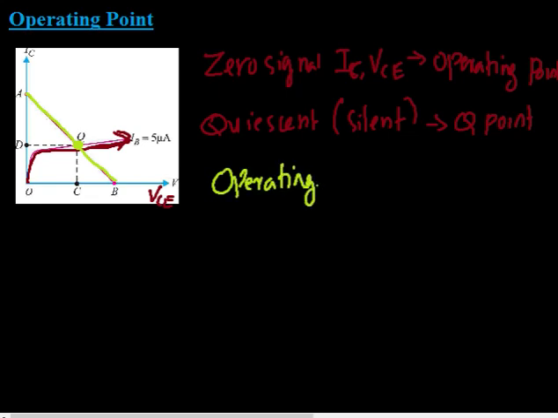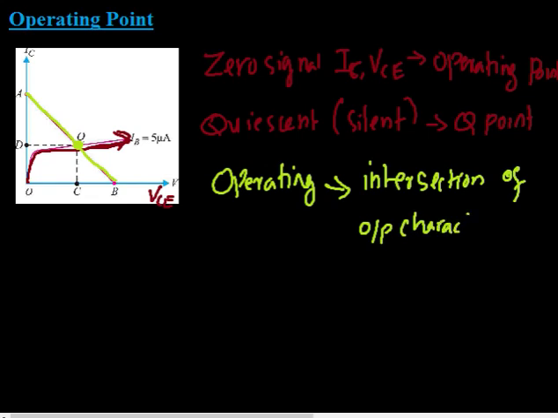So the operating point can also be defined as the intersection of the output characteristics and the DC load line.